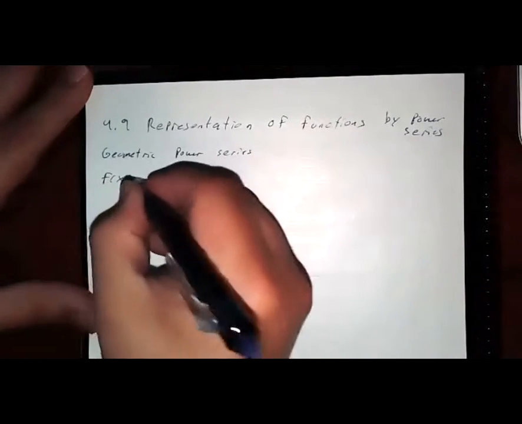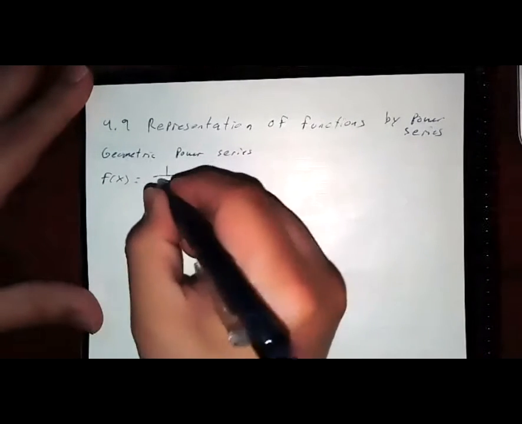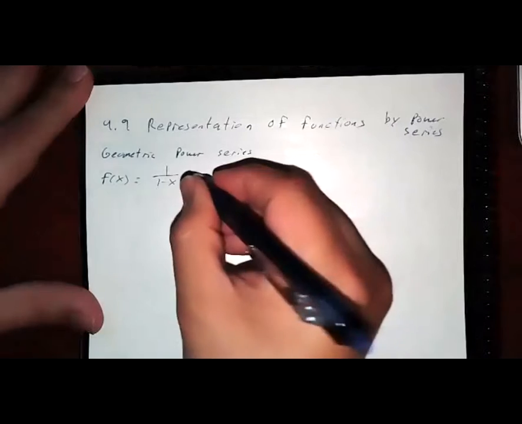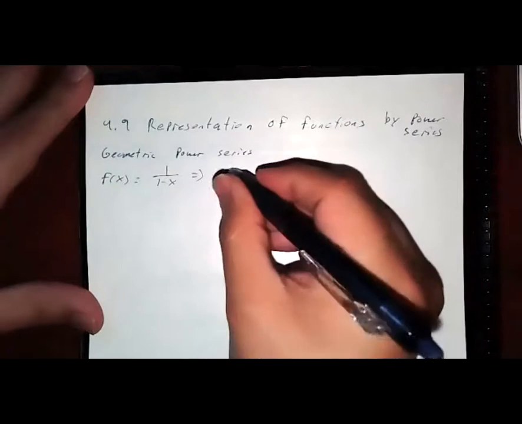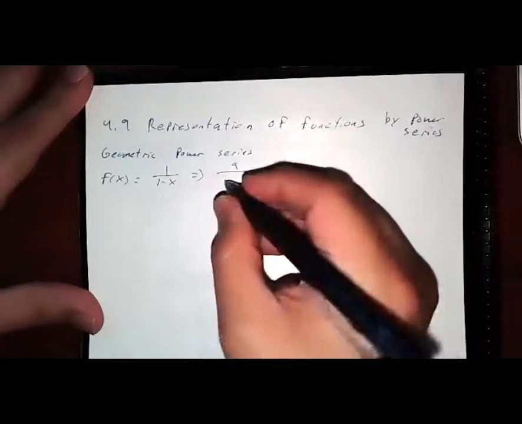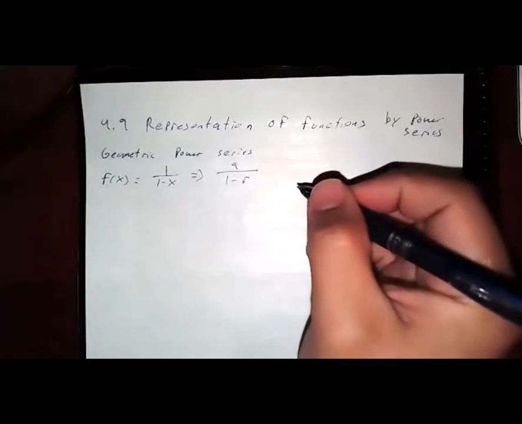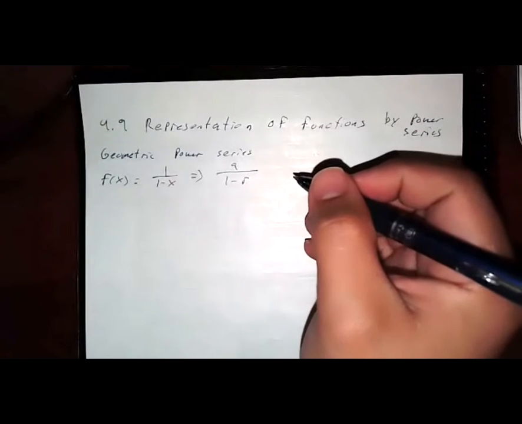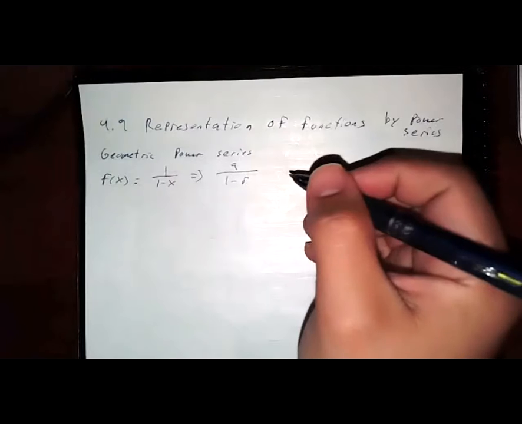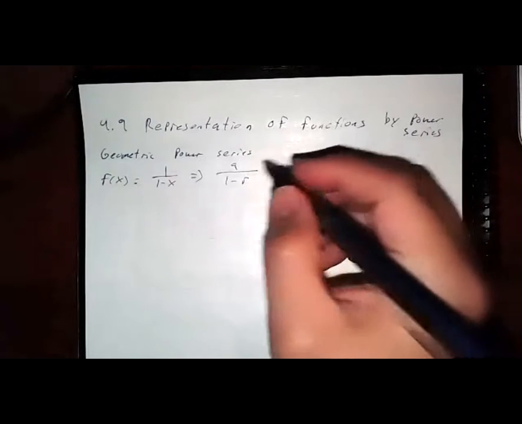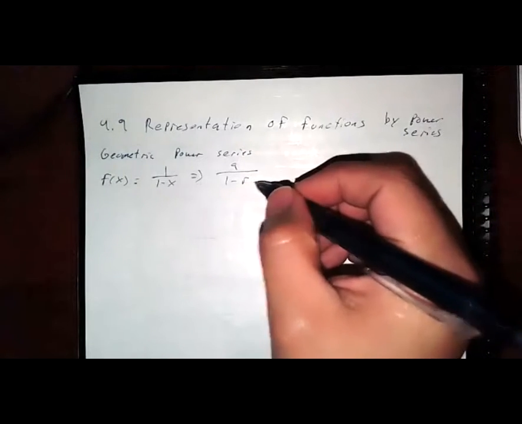So f of x is equal to 1 over 1 minus x, which implies that it's equal to a over 1 minus r, right? Just changing the notation really by letting a be 1 and x be r.